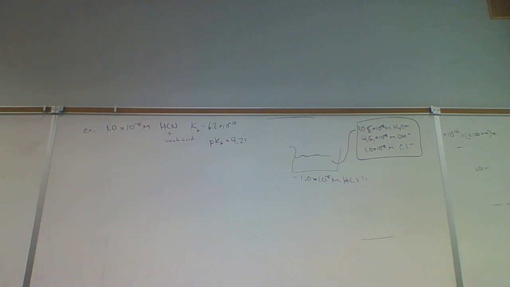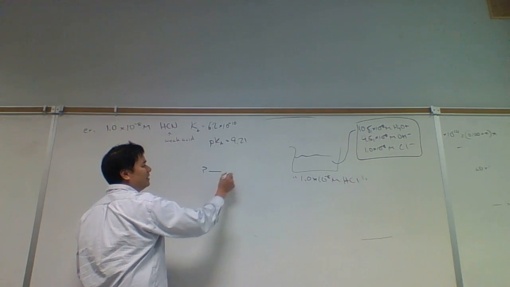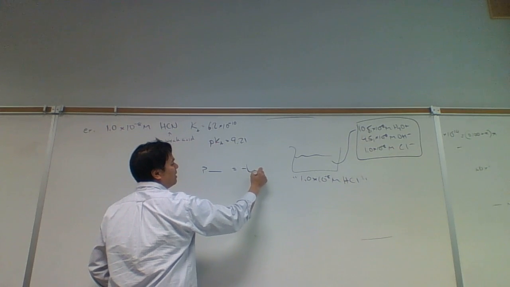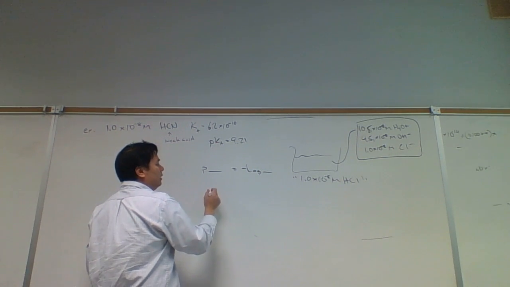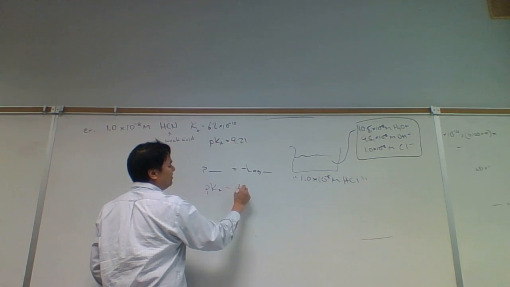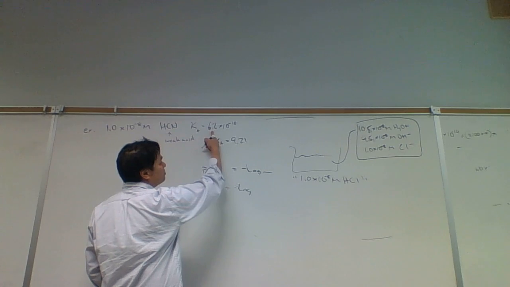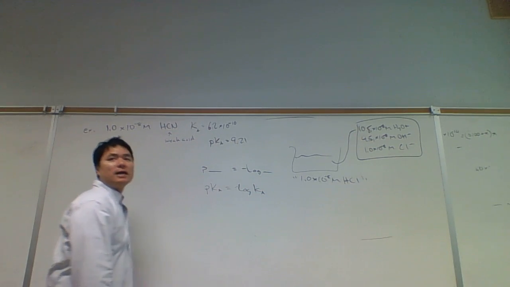What did you say was the formula? You said Ka was 10 to the something pKa. Okay, the power function is always the same. The power of anything is equal to the negative log of that thing. So pKa is the negative log. Just take the negative log of 6.2 times 10 to the minus 10.